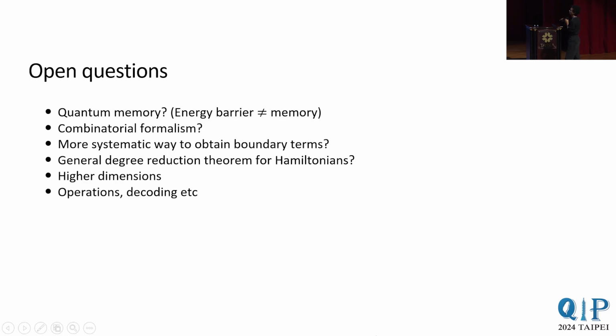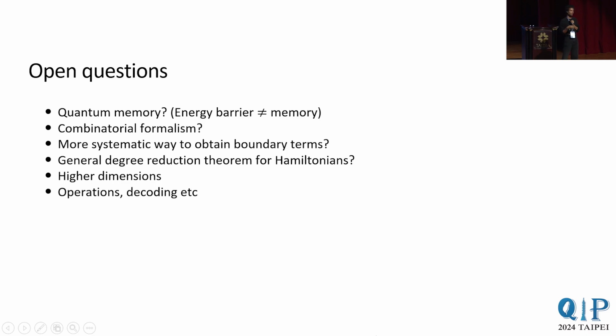And now I would like to talk a little bit about the open questions that we have in our paper. The most important question is, can we make a quantum memory out of these codes? Because we have a really good energy barrier. I would like to draw your attention though that having a good energy barrier does not imply that you have a memory, so you have to be careful about that. The second interesting question is, can we have a more combinatorial formalism for this whole construction?